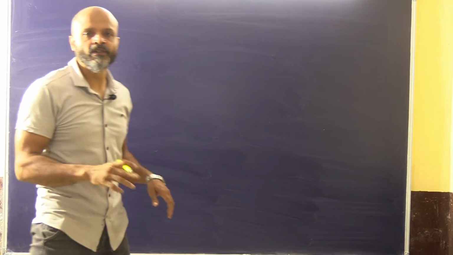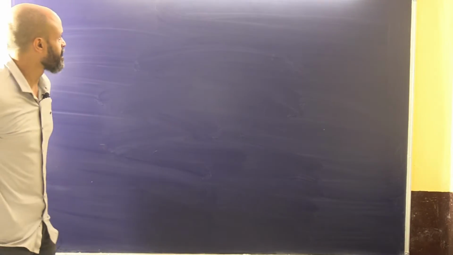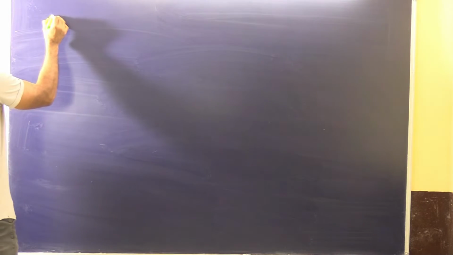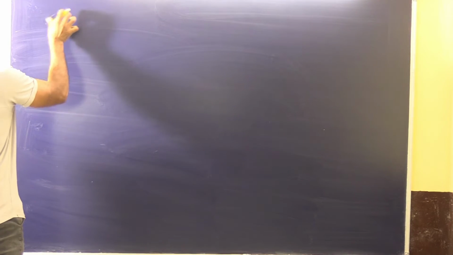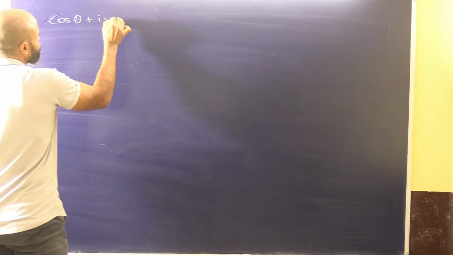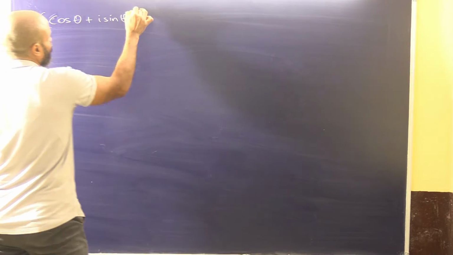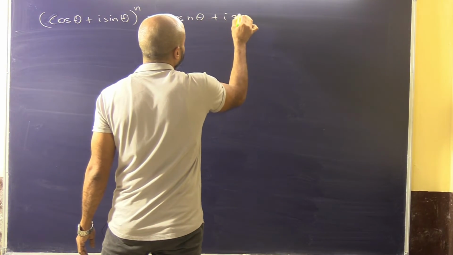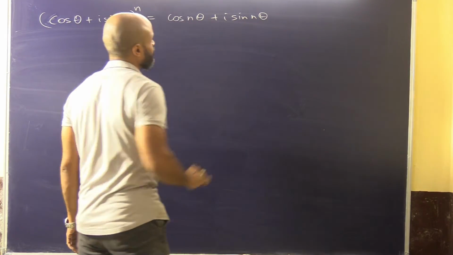Okay, so continuing with De Moivre's theorem, some more derivations here. We know that cos theta plus I sin theta to the power of n will be equal to cos n theta plus I sin n theta. Clear?